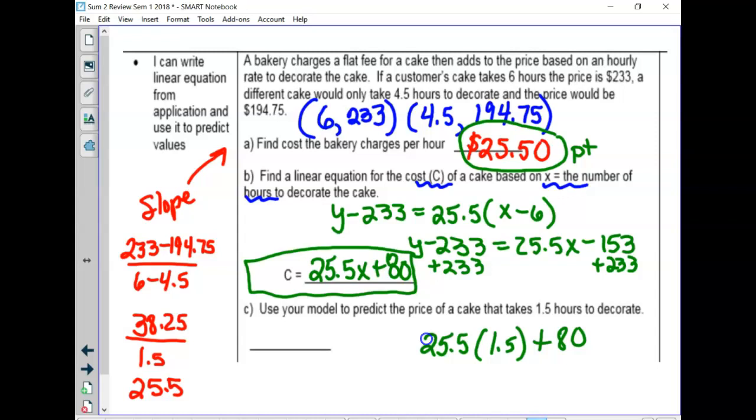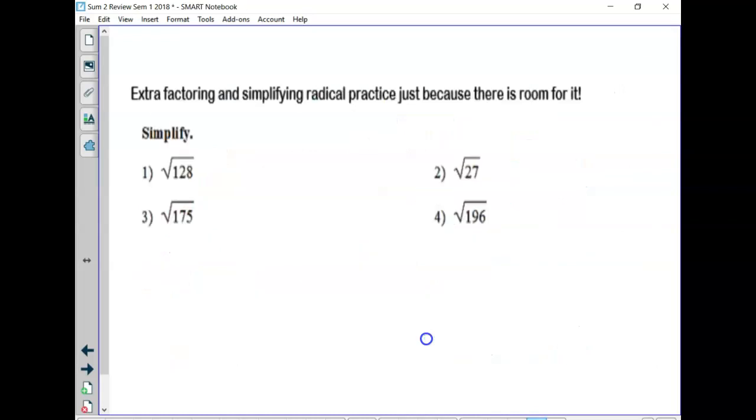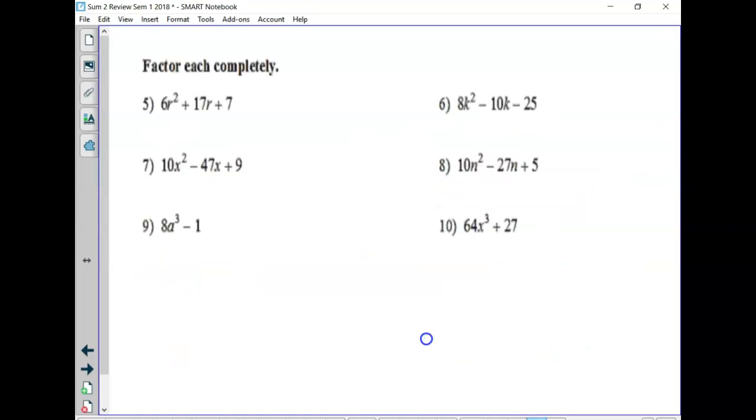All right. Anything you need to see another one of? I can go back and do a factoring problem. I can do another quadratic problem. We could talk about some of the stuff at the bottom, simplifying radicals. There's more factoring practice just for fun. We got 4 minutes. Anybody? Haley, one you want to see?